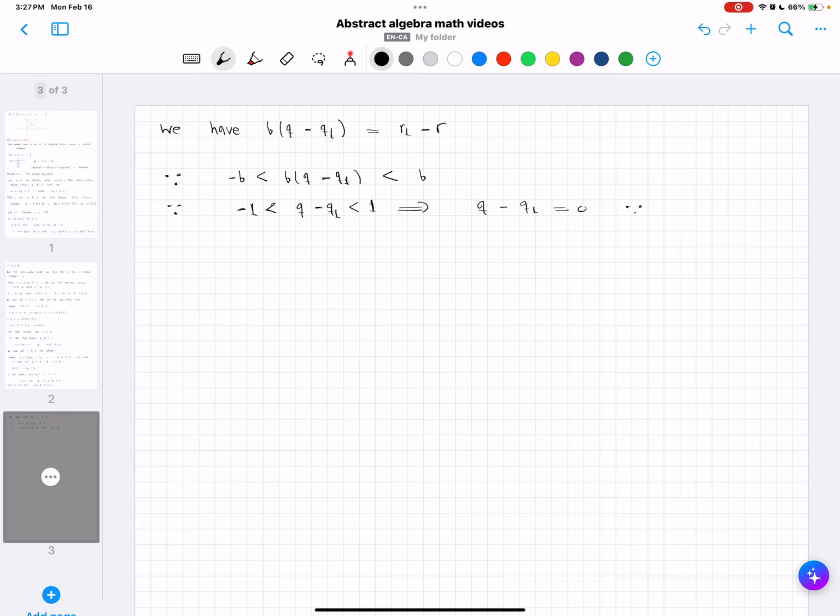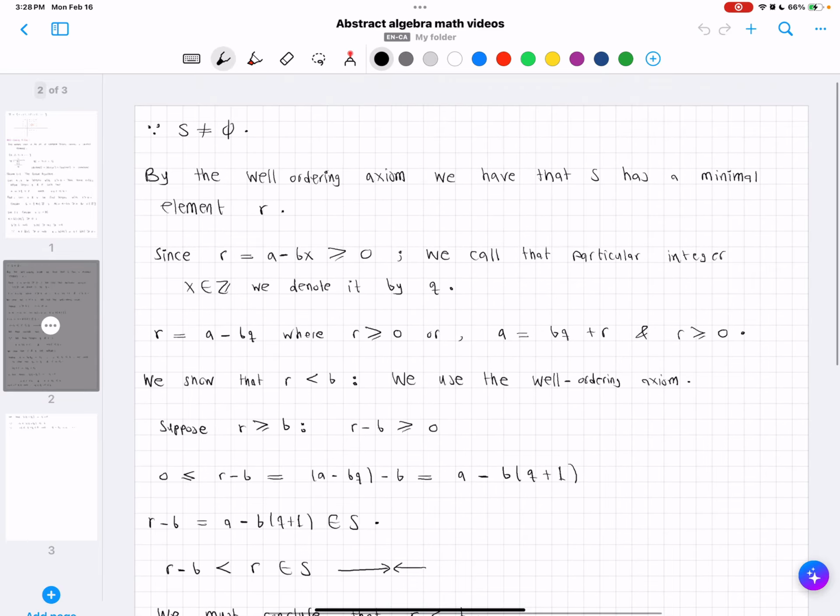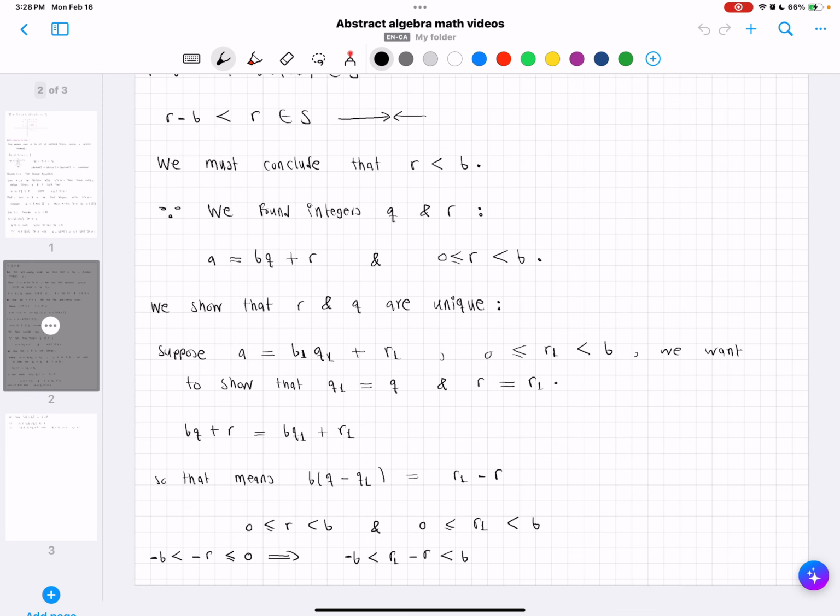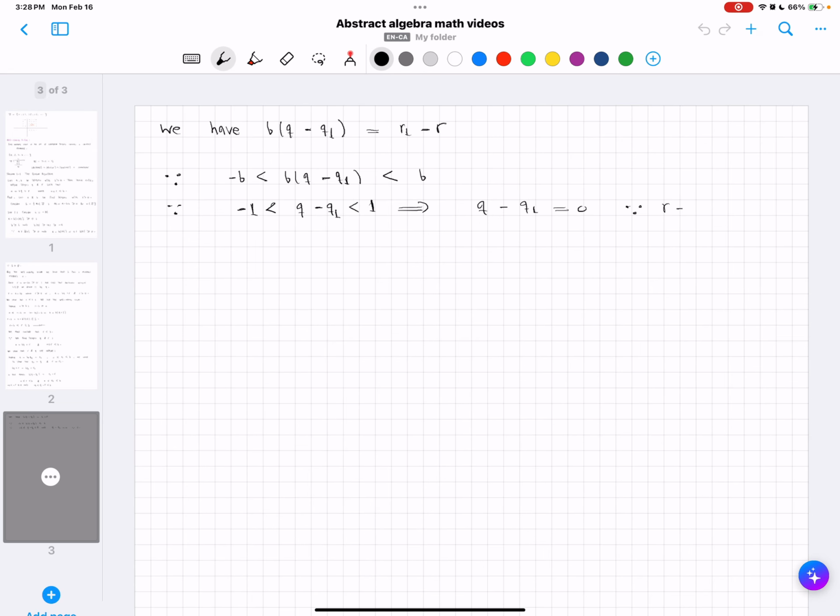So therefore we can conclude that R1 minus R is 0 as well. And we find that Q is equal to Q1 and R is equal to R1, and so we get uniqueness.